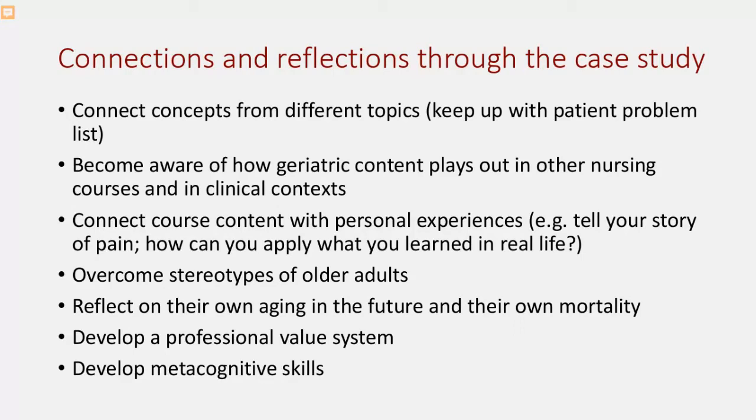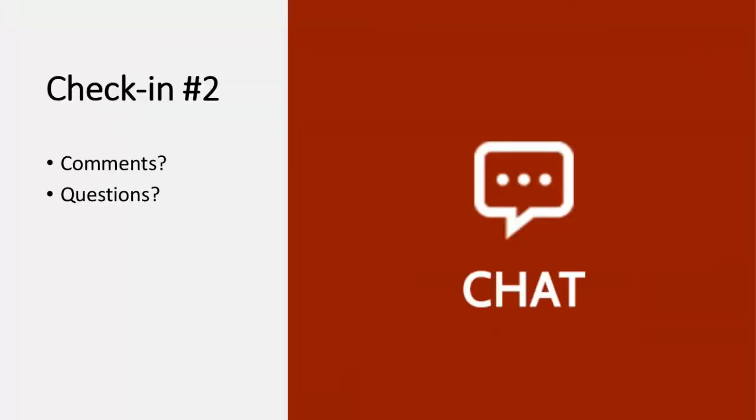We do want them to begin to develop a professional value system, and I've already mentioned the metacognitive skills. So not just the obvious, but the next level of thinking about and developing critical thinking.